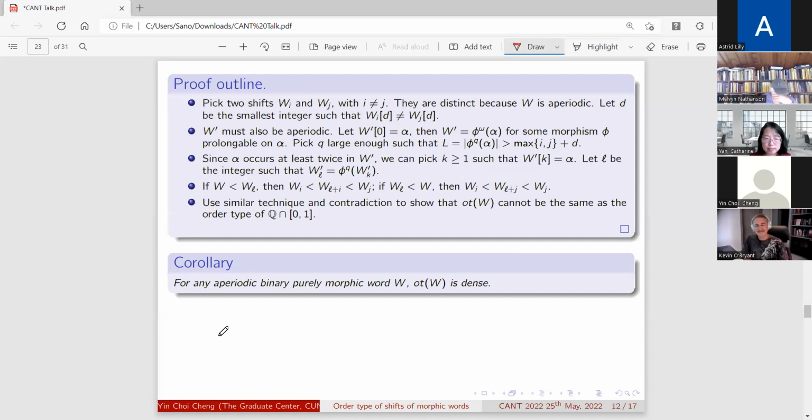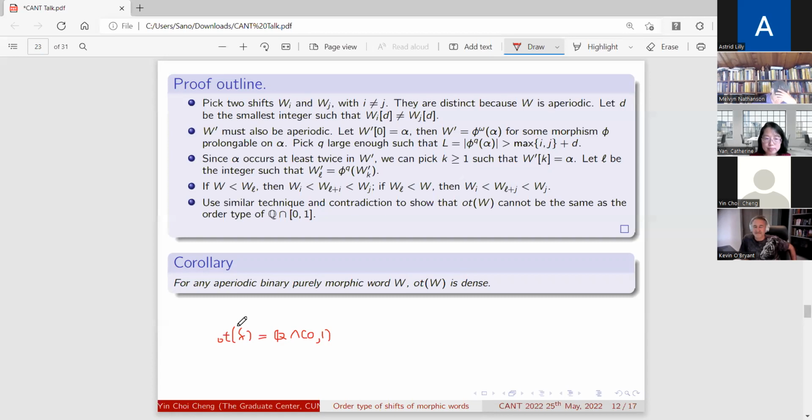We can show that the order type of the Fibonacci word is the set of rational numbers intersecting the open interval 0, 1, meaning it doesn't have a least or the greatest element. And we can show that by using the second order expression.